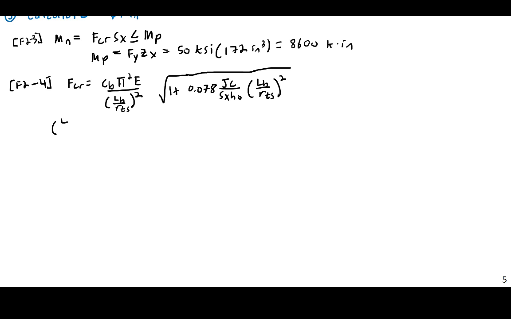My Lb over rts squared: this is going to be 25 feet. However, I need to be very careful to use consistent units, so I'm going to multiply by 12 inches per foot, all over the rts from the first table, which is just 2.19 inches.